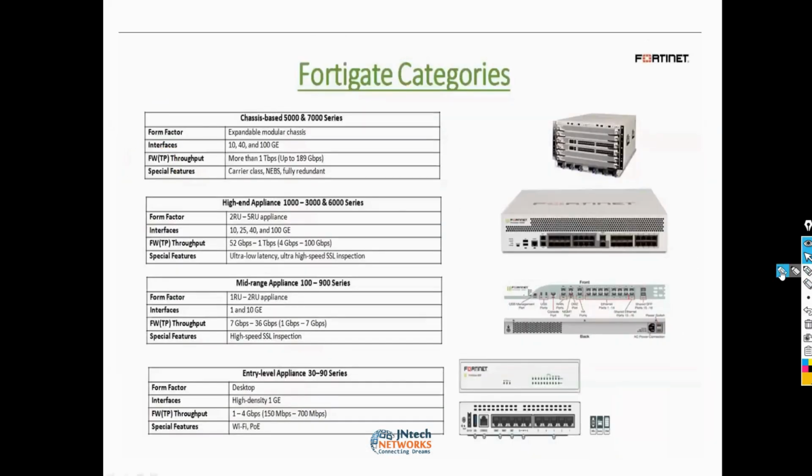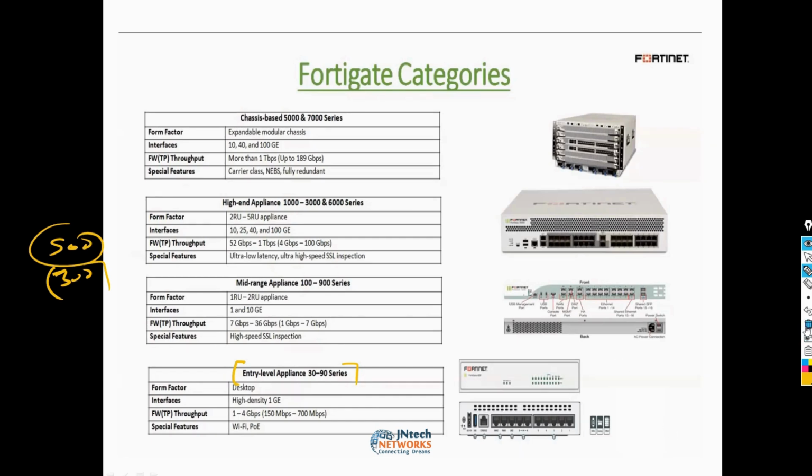If I'm working in a mid-range network, with 500 or 300 computers, I have too much load in my network. So I cannot go with an entry-level firewall device, because each firewall has its own capabilities. It supports a certain number of sessions, port information, and firewall throughput, which you need to check.